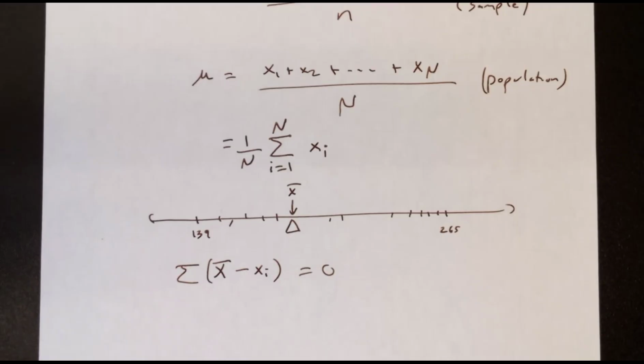So this idea is called the deviation, how far we are away from the average. The total deviation must be 0 every time. That's how we find where our average is.